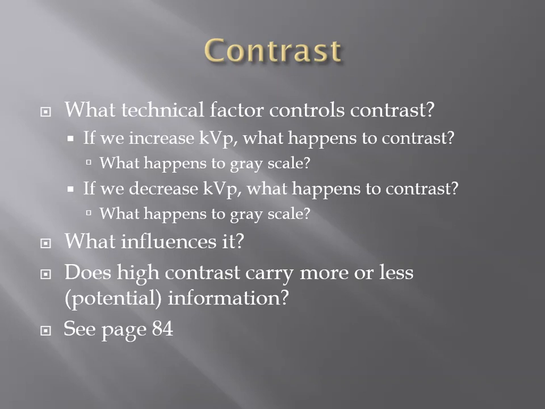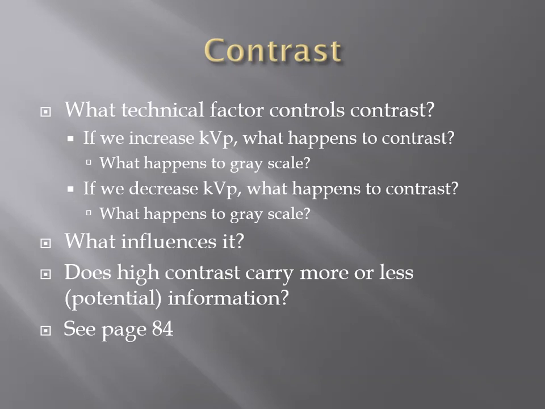Likewise, whenever you change your filtration, which you're never going to do, then what you're left with is a more penetrating X-ray beam. And with more penetration, more of the photons that strike the patient are more likely to penetrate through the patient and reach the image receptor. And what you wind up with is a longer grayscale, just like if you increase KVP.